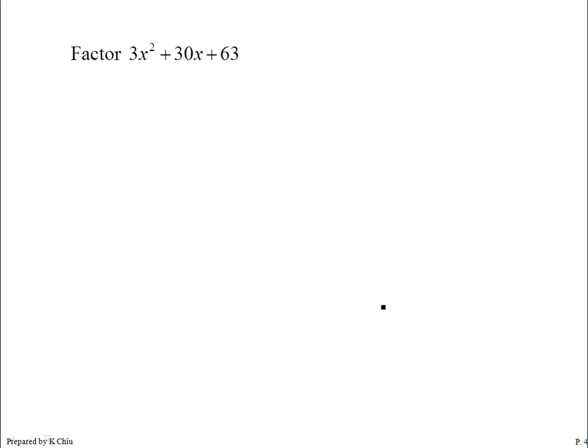Factor out the 3 first, because if I take a look at all these 3 terms, every single term can be divisible by 3. So 3 is a common factor. So I factor out the 3 first. That would give me 3 times x squared plus 10x plus 21.